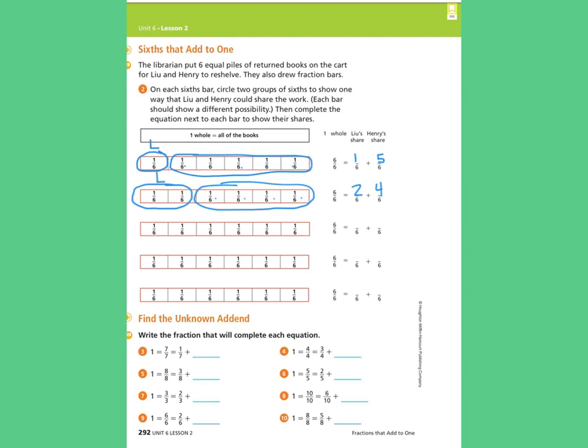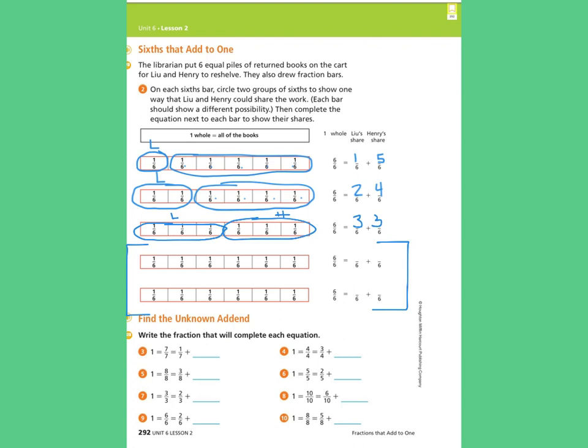Another way would be if Lou grabs 3 piles, then Henry would also grab 3 piles of books. And 3/6 plus 3/6 equals 6/6. I want you to do the next 2 on your own. Then come back to the video.